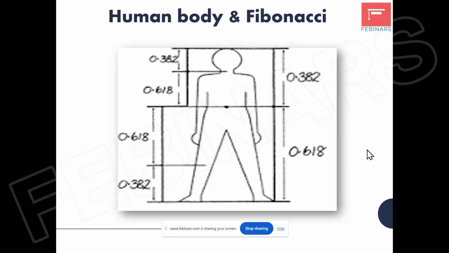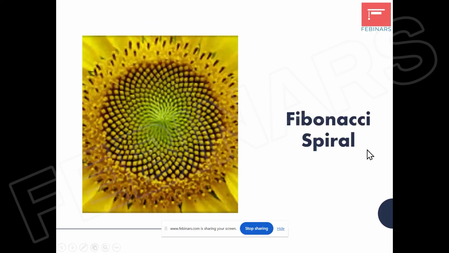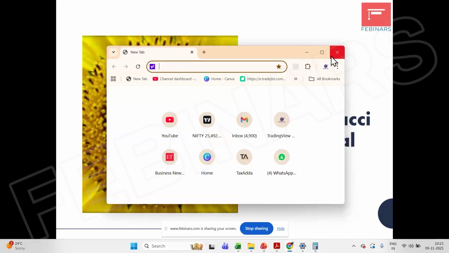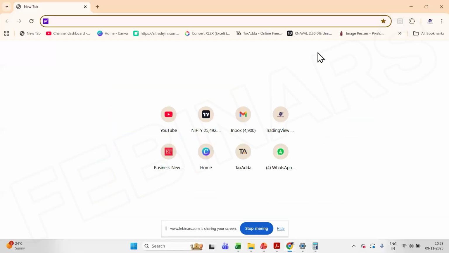So coming back to the session, how many of you know that the sunflower is designed with the Fibonacci spiral? Let's see it.